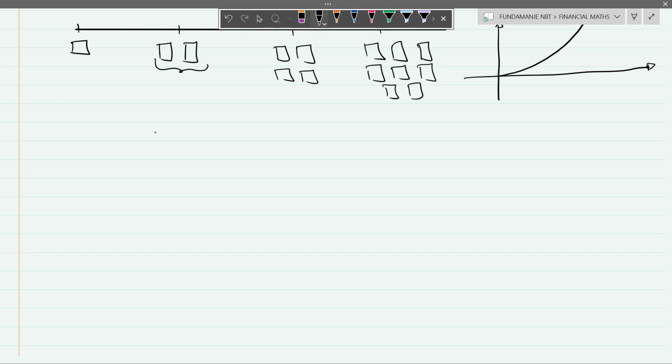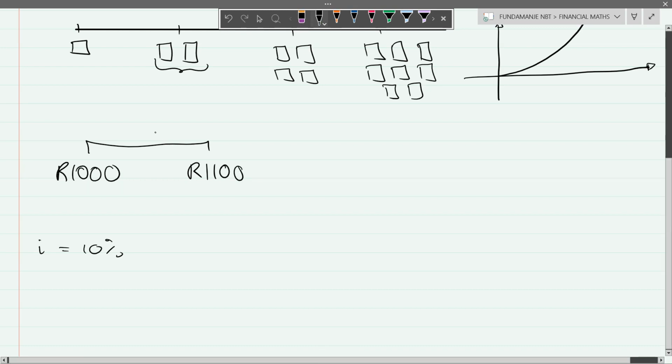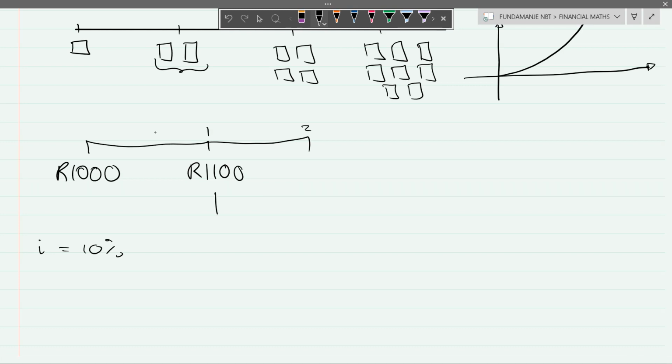If you were to take a look at it using money, with the same example from the simple interest, we start off with 1,000, and then the interest that we are gaining is 10%. 10% of 1,000 is 100. So here we're going to have 1,100. But then if we want to calculate how much we're going to have after the second year, we now consider 10% of this, which would be 110.